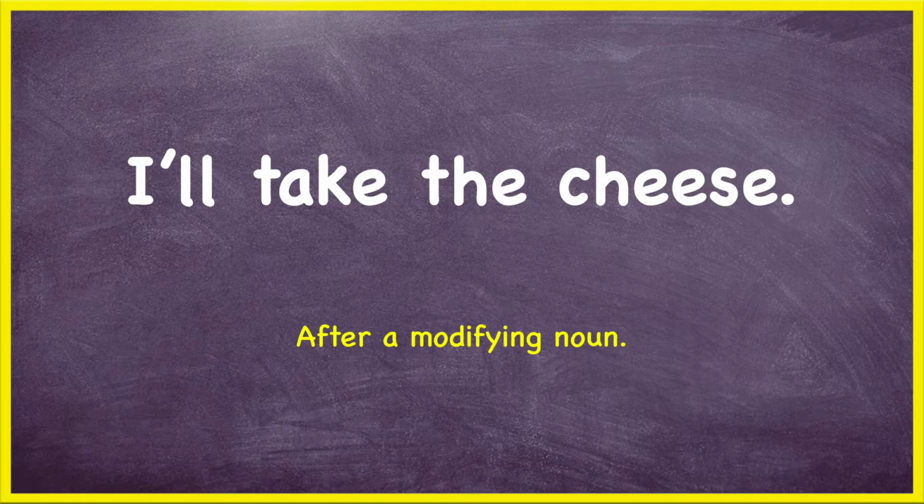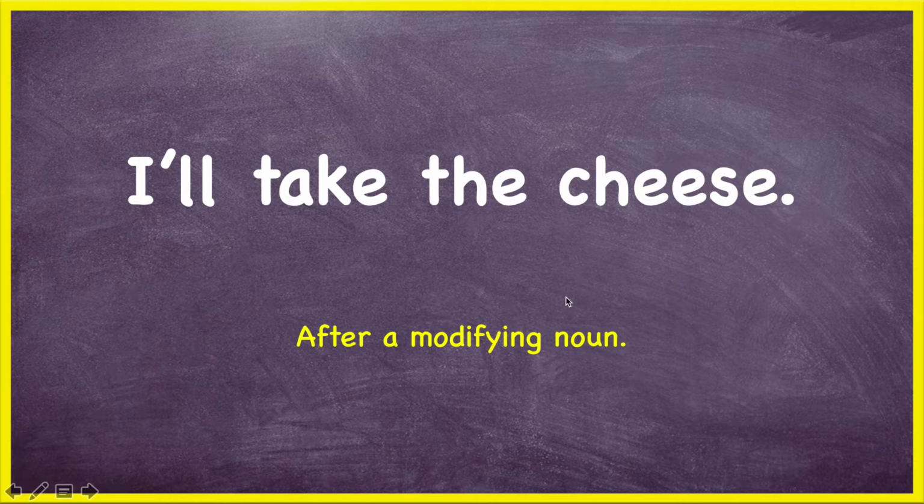I'll take the cheese. Now, let's say we're not actually talking about a block of cheese. We're talking about pizza, right? So in this case, the cheese is a modifying noun because we've got cheese pizza, vegetable pizza, pepperoni pizza, lots of different kinds of pizzas, and you say to the person in the store, I'll take the cheese.